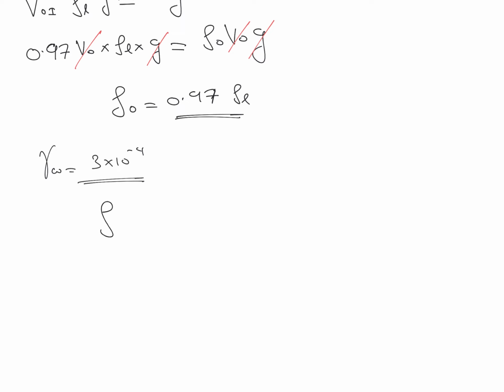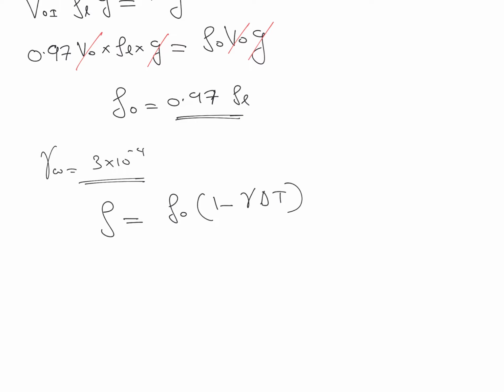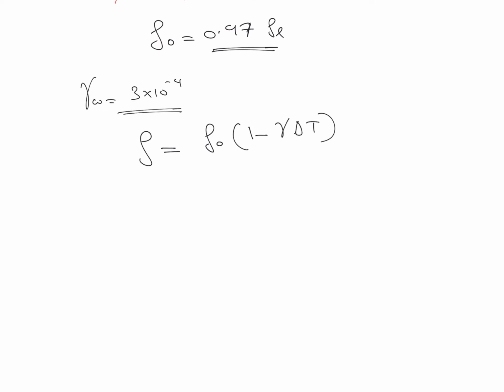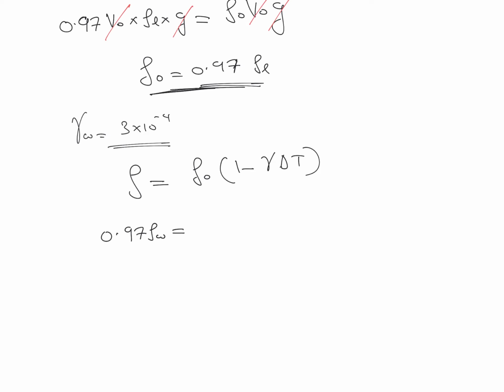So we can use the equation for density. Final density equals initial density times (1 minus gamma times delta T). By using this equation, the final density should be equal to 0.97 times the density of water, because the density of the object is 0.97 times the density of water, and when the density of water becomes equal to the density of the object, it is going to sink.